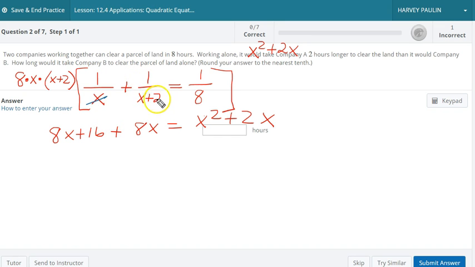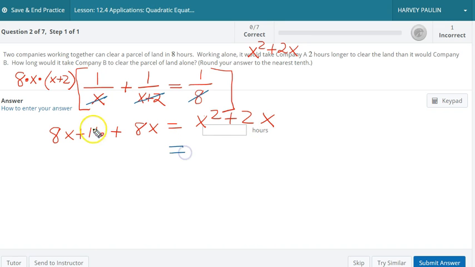Now in this next item, we're going to cancel out the x plus 2, which is this one right here. So we're just left with 8x. Now, for the last item on the other side, we're going to cancel out the 8 with this, and we're left with x squared plus 2x, which is when we multiply these together, and it's a 1, so it's this.